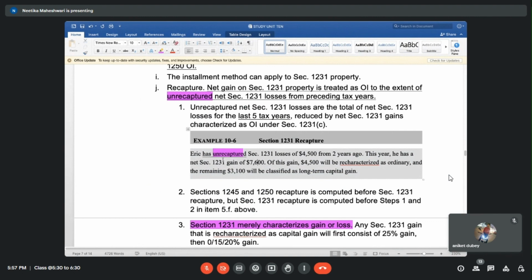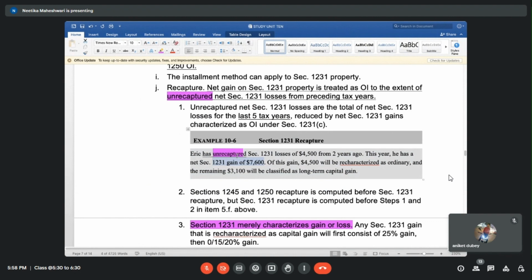What is more important is the unrecaptured losses in the prior years. They had taken advantage of these losses as ordinary loss, and now they're having a gain. So now the IRS is saying that these were unrecaptured, nothing was recaptured as ordinary gain.